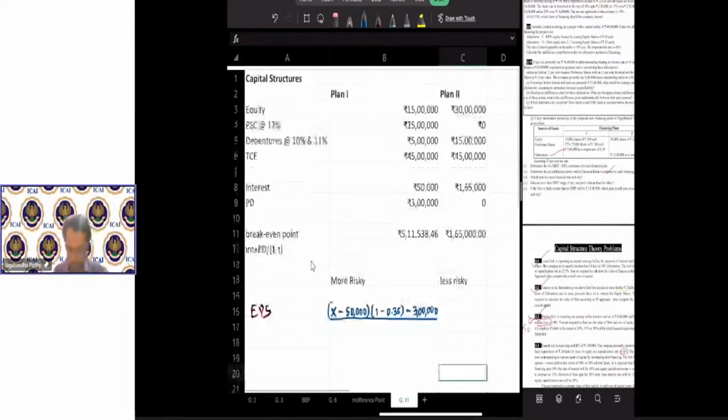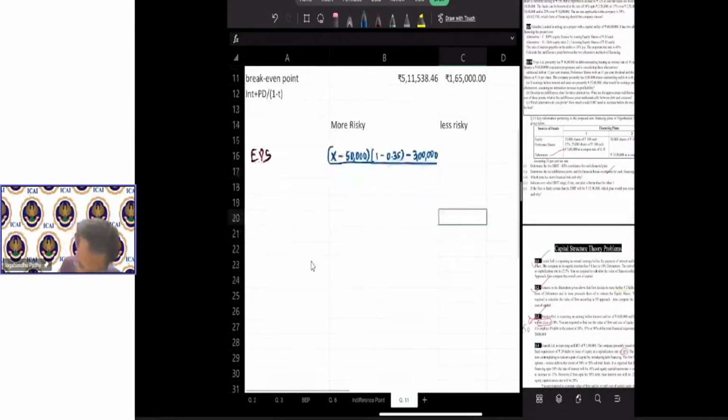It will be 15,000. That's given in the question itself.